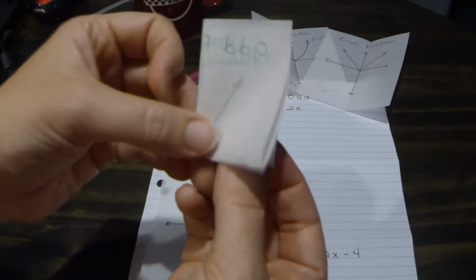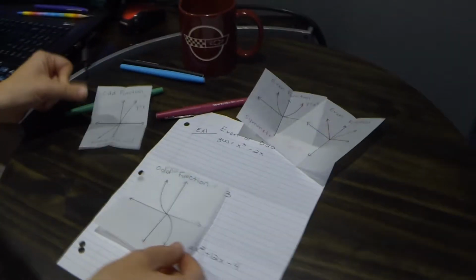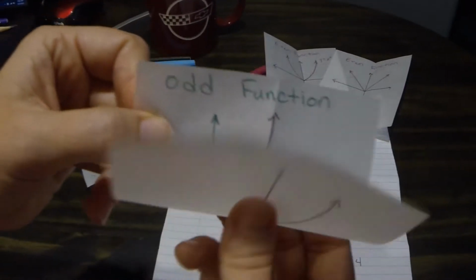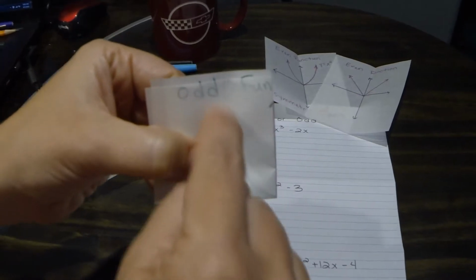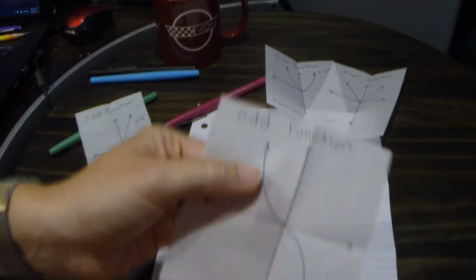Symmetric with respect to the origin, again, means that I fold it along the x-axis and the y-axis and it matches up, just like this linear function does. Another example, this is a negative cubic function. Again, you can see that I can fold it along the x-axis and the y-axis, and the graph matches up again. So this is another example of an odd function.